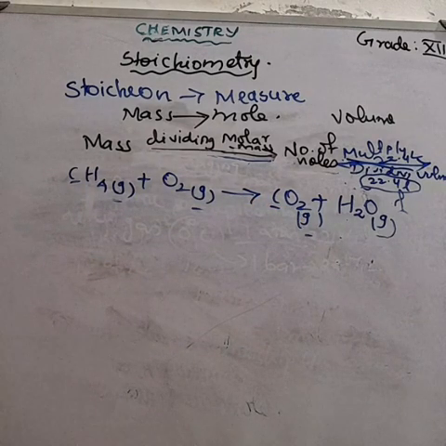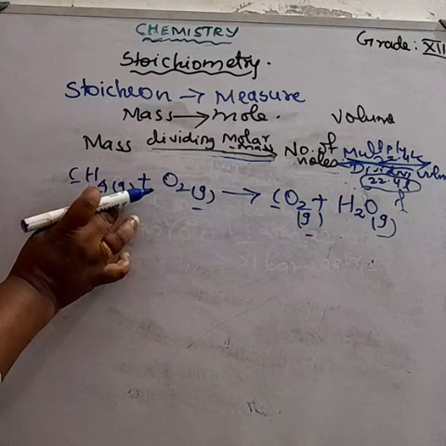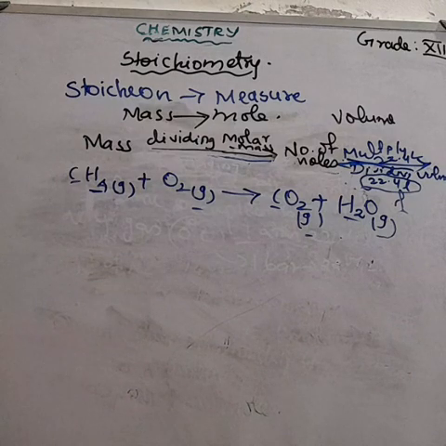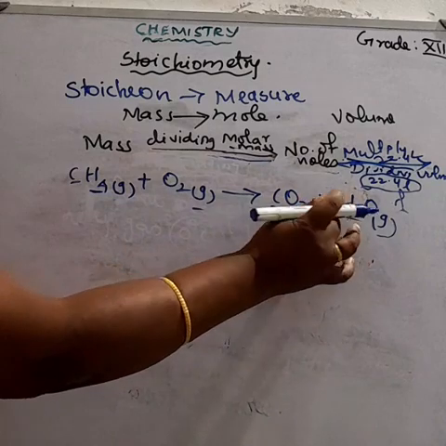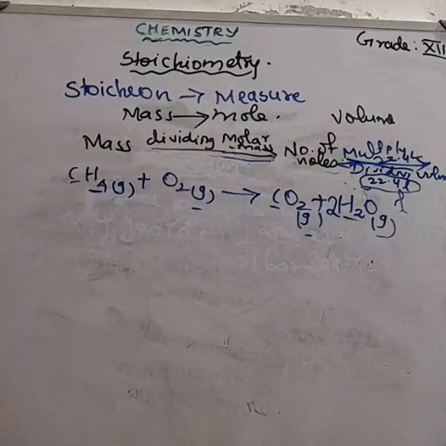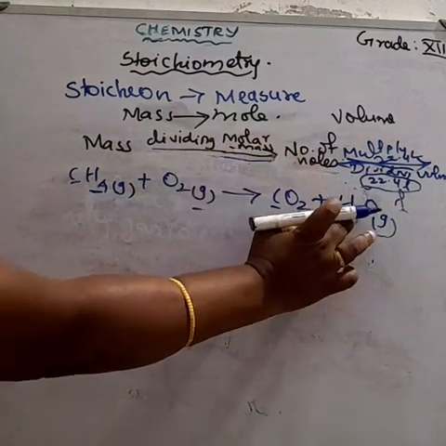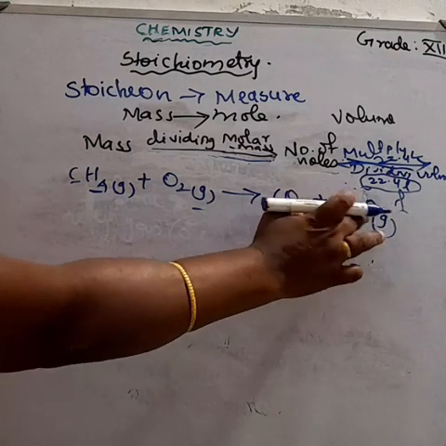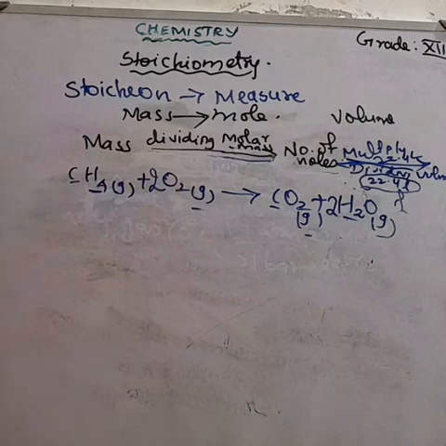Hydrogen: 4 hydrogen atoms on the reactant side, but only 2 on the product side, so we multiply by 2. 2 into 2 is 4. Oxygen: on the reactant side only 2 oxygens, but on the product side 2 plus 2, 4 oxygens, so we multiply by 2. 2 2s are 4. Now both sides the equation is balanced.